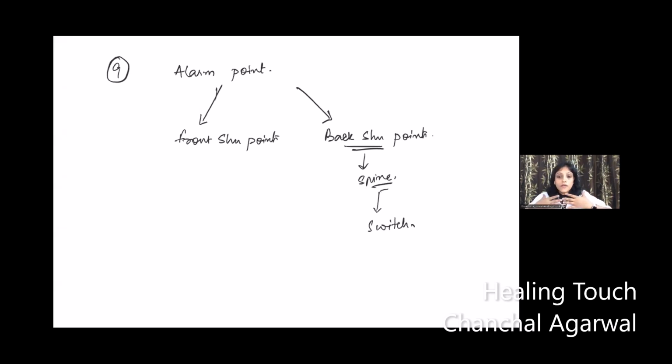Yes. So if lungs are also supplied by the nerves from the back, and if we treat the switch, which is exactly just behind that particular organ. For lungs, it is just behind the lungs. For heart, it is just behind the heart. If it is stomach, it is just behind the stomach on the spine area.